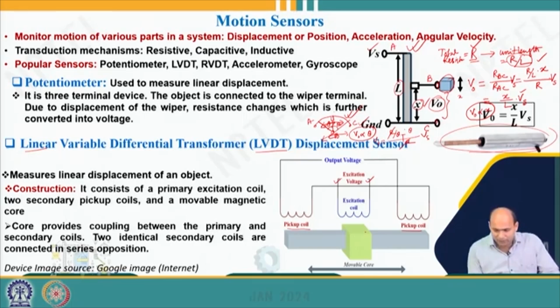And obviously in between we have one core, and that core will be movable. There will be a former around which the one primary coil and two secondary coils will be wrapped, with the primary coil in the middle position and the two secondary coils on either side of the primary excitation coil, and there will be one core.